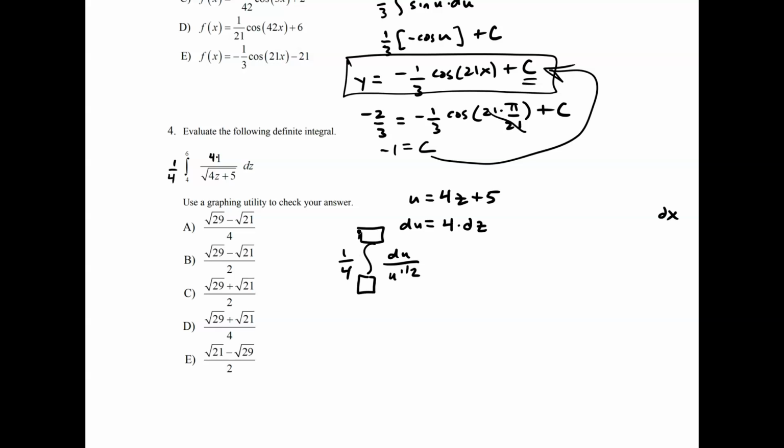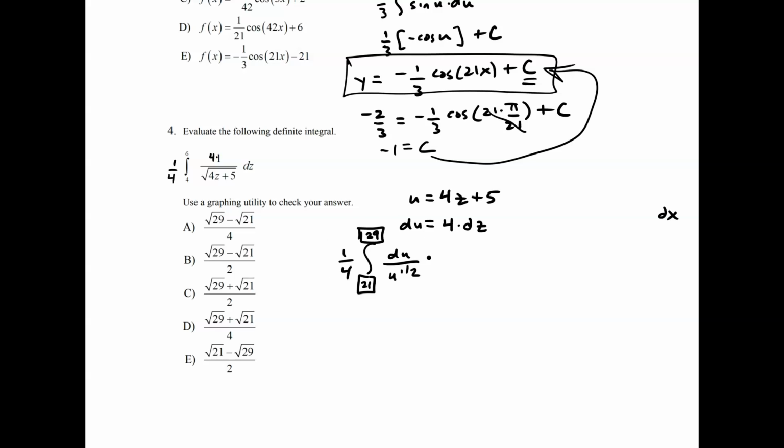I like to solve these problems by changing, and so when z is equal to 4, u would be equal to, let's see, 4 times 4, that's 16 plus 5, that's 21. So u would be equal to 21. And then when z is equal to 6, you would have 24 and 5, so that's 29. U would be equal to 29.